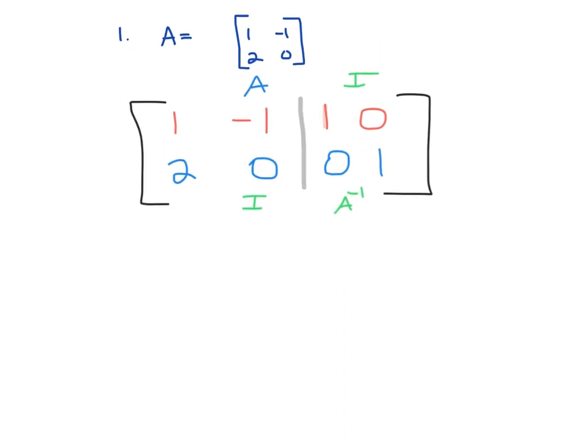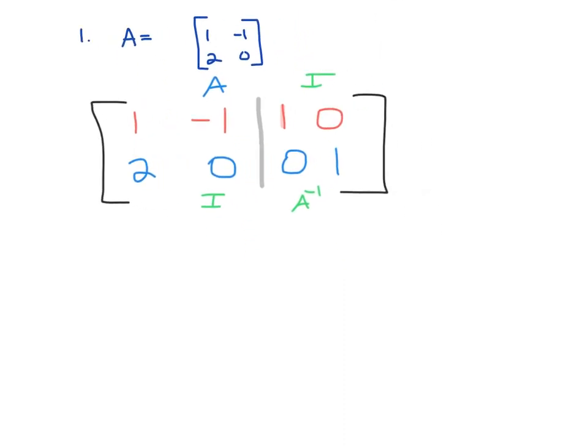Again, I'm going to try to get a 1 in the top position, which is already there. Let me highlight this in red. So it's already done for me. Then the next number that I need to work on is the 2. I need to transform this 2 and make it become a 0. So remember, you take your pivot row, which is row 1.